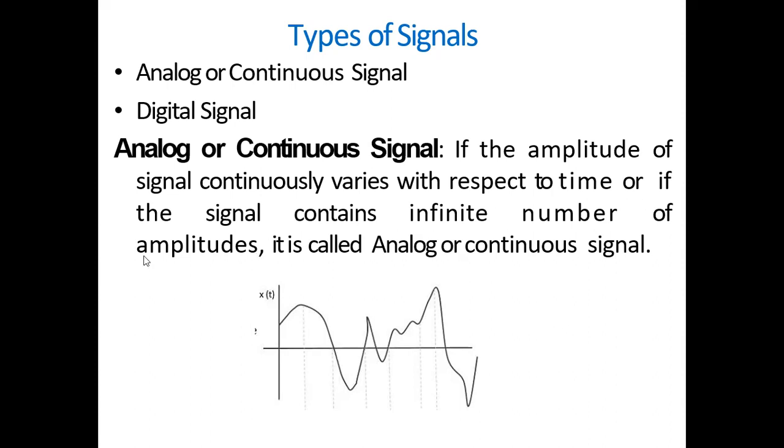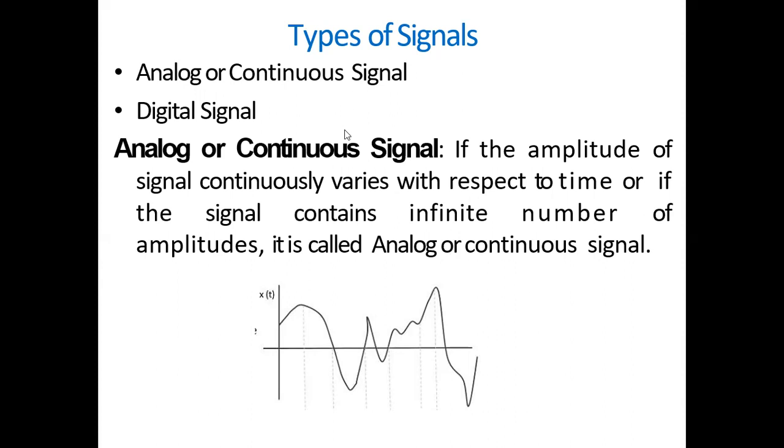If the signal contains an infinite number of amplitudes, then we call it an analog signal, or a continuous time signal also, where the amplitude varies continuously with respect to the time period t. You can observe this clearly in the figure.